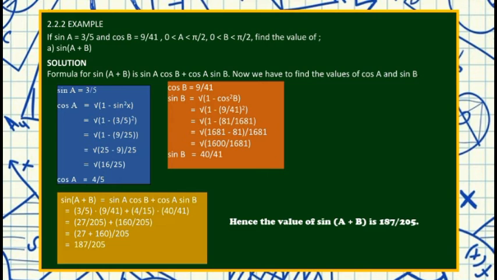So, in this question, we want to use the formula sin(A + B) = sin A cos B + cos A sin B. We already have sin A equal to 3 over 5 and cos B equal to 9 over 41. So we have to find the value of cos A and sin B. For cos A, we use the formula square root of 1 − sin² A, which is square root of 1 − (3/5)².